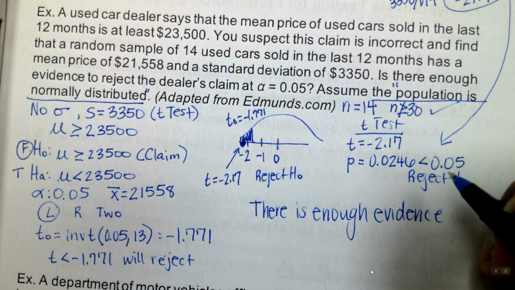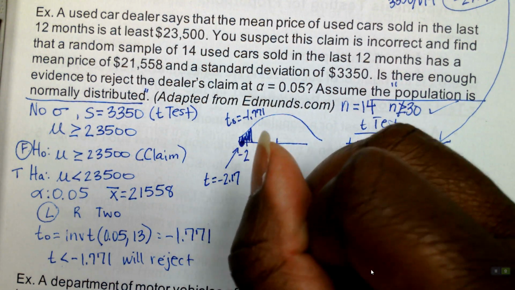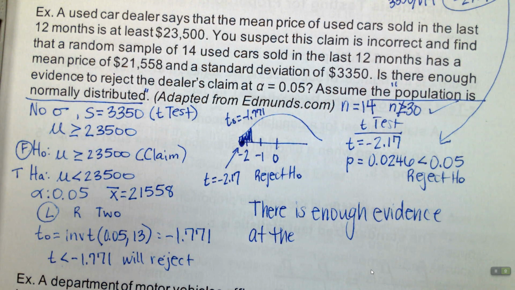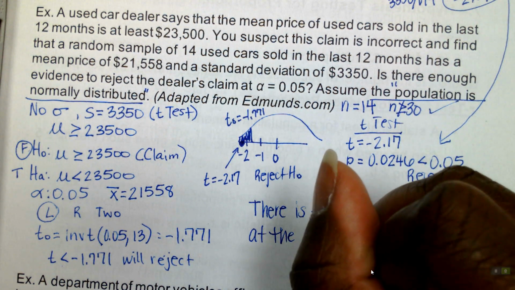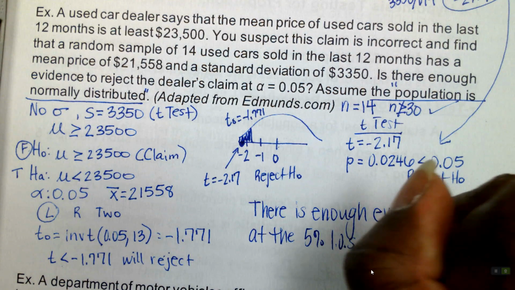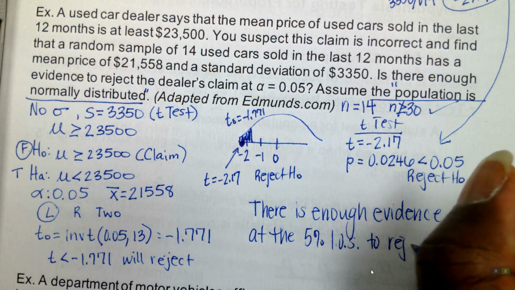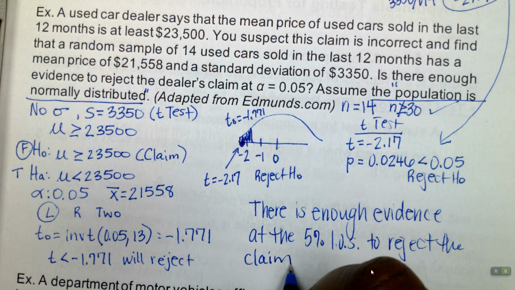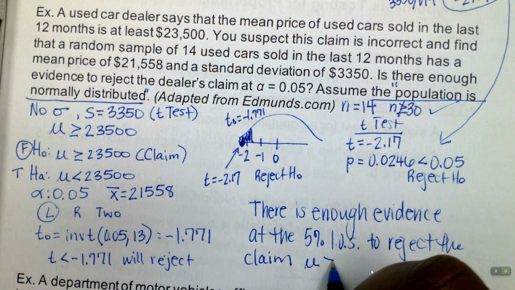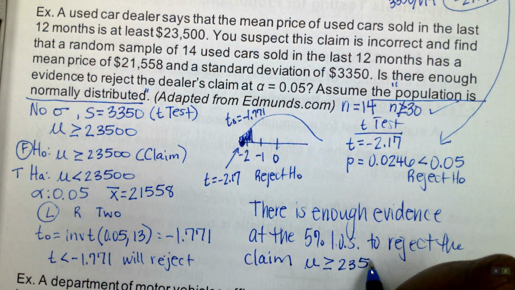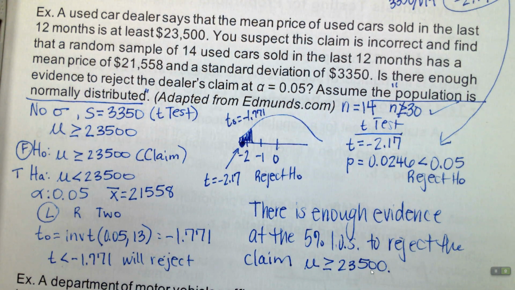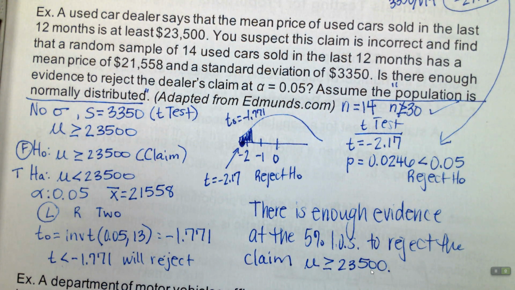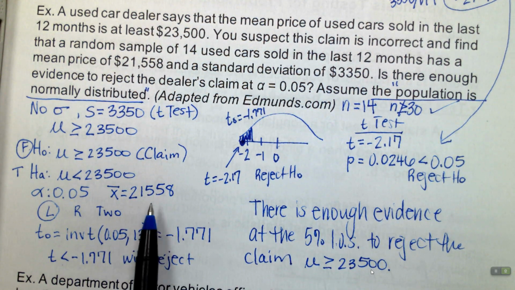So there is enough evidence, only when we're running the test itself, at the 5% level of significance to reject the claim, mean greater than or equal to 23,500. And that makes sense, because this was way lower than what they were saying. They were saying it was at least this, but it was pretty low.